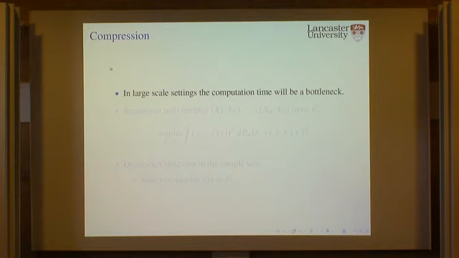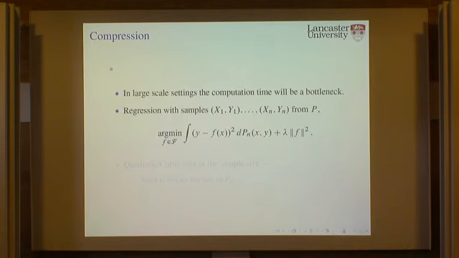In large-scale settings, the usual problem obviously is the computation time. So for instance, just as a really toy example here, say we do regression with samples (x1, y1), ..., (xn, yn), sampled from some true unknown measure P, and we're interested in finding a regressor. So we're trying to minimize squared error between y and our regression function over some function space.